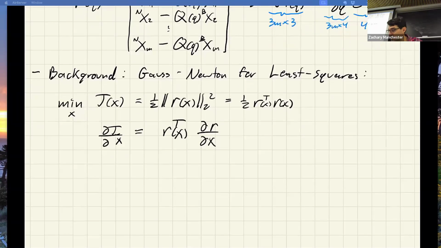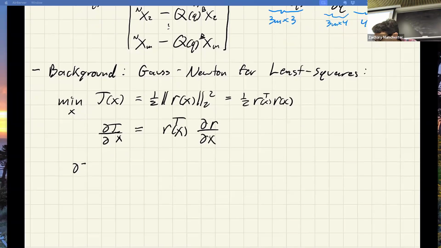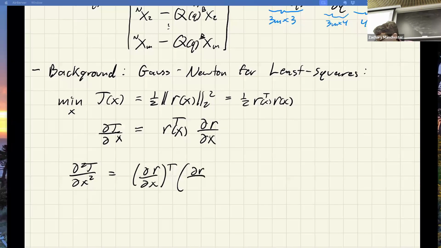I'm going to write down the Hessian next. That looks like d squared J dx squared. And if I just do that, I'm going to get partial r partial x transpose times partial r partial x.